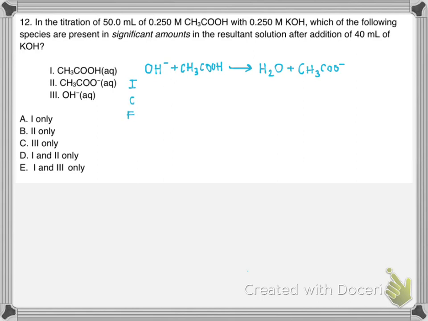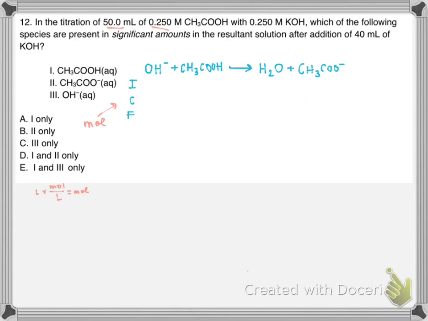Whenever you have a reaction, ICF, and for our ICF table, we need to always put in moles. A hint that that might be the case is if they give you volumes in addition to concentration. So we can use the liters and multiply it by the molarity to get the moles of each species.